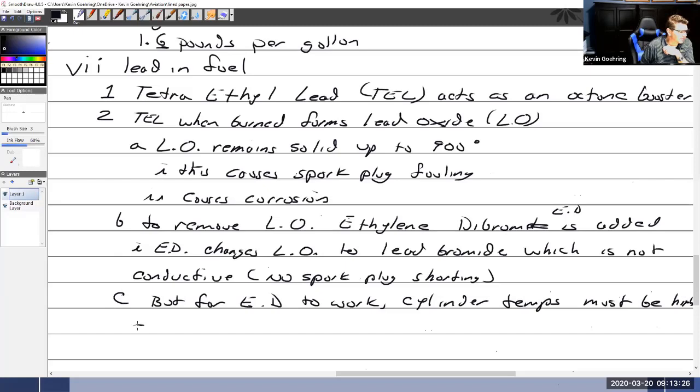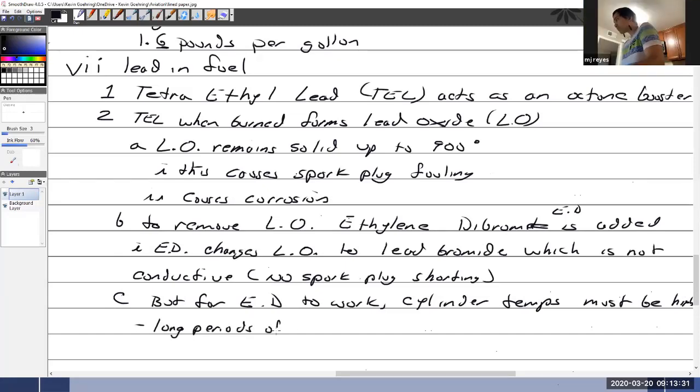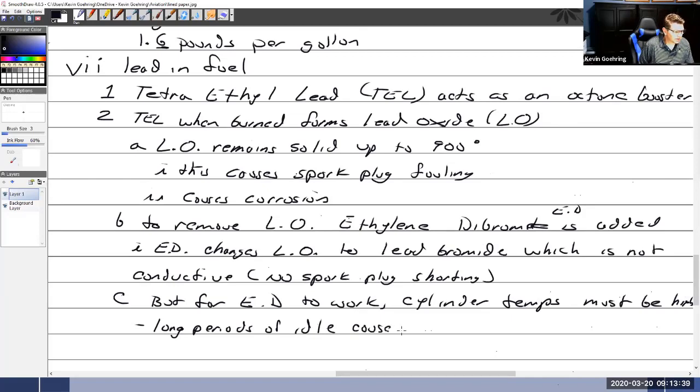So long periods of idle cause the ethylene dibromide to fail. And plugs, they foul. Even though you may get something in there that's non-conductive, once you cross over the electrodes and pack that stuff in there, they're going to foul.